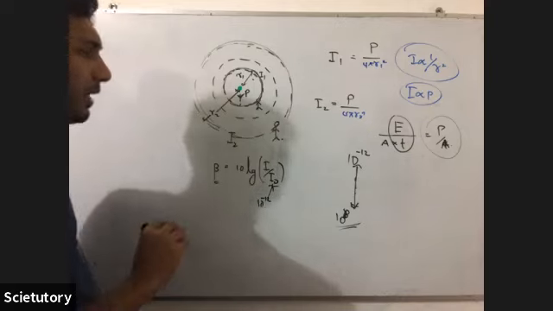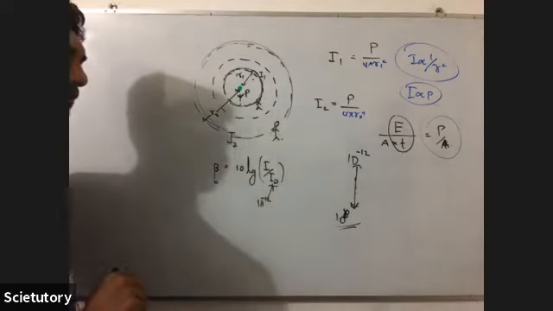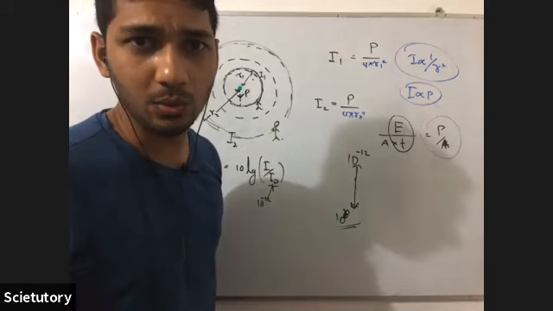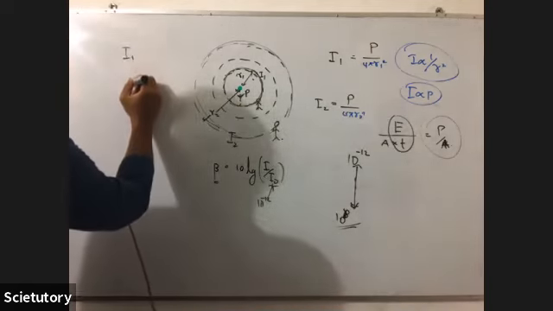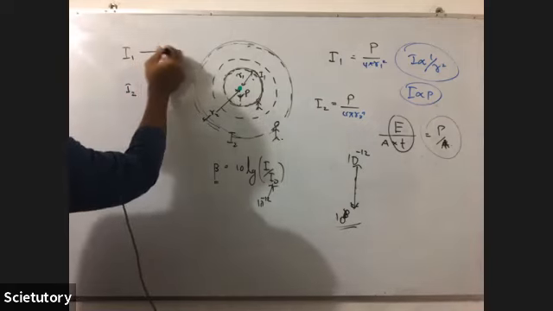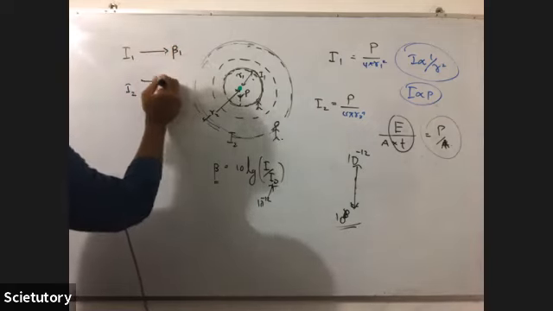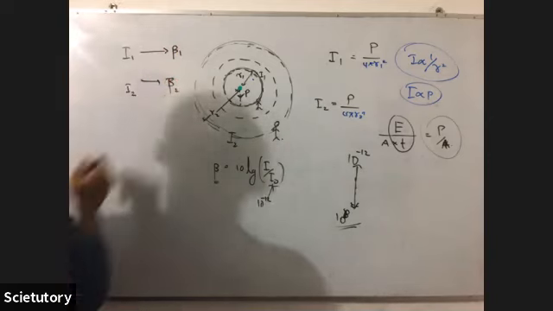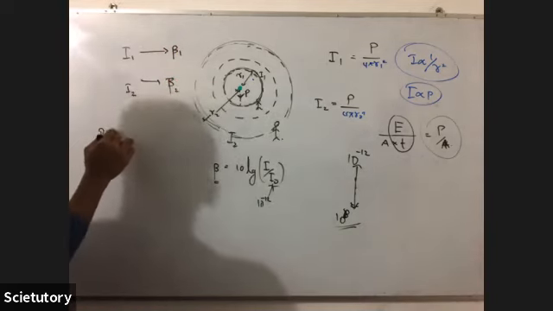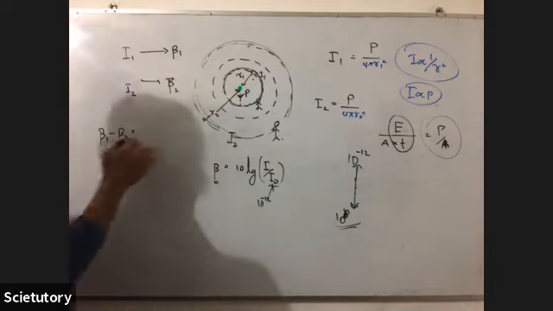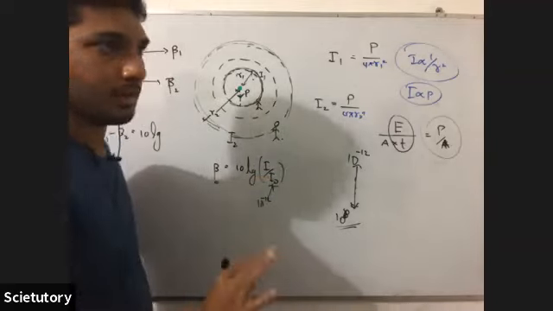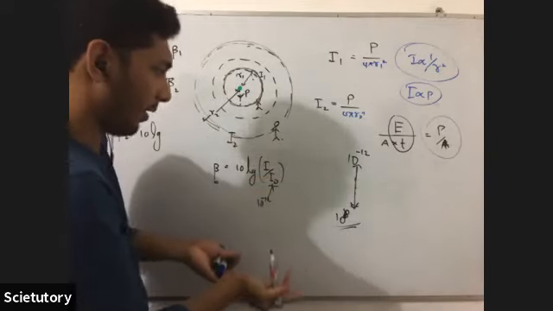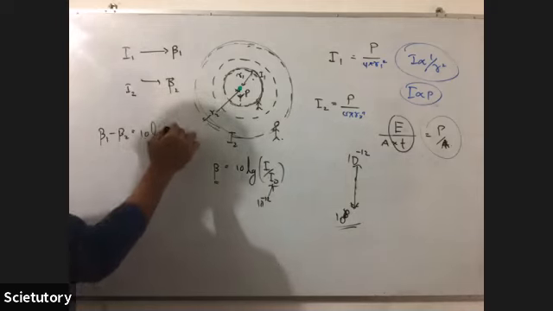Now we are going to derive an equation for the difference between two intensity levels. For example, there is an intensity I1 and an intensity I2. The corresponding intensity levels are beta 1 and beta 2. So what is the equation for beta 1 minus beta 2? It is 10 log, because if you subtract these two, when you take the log, you actually divide. So I1 over I2.